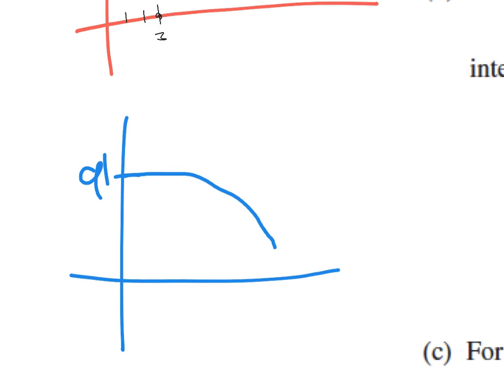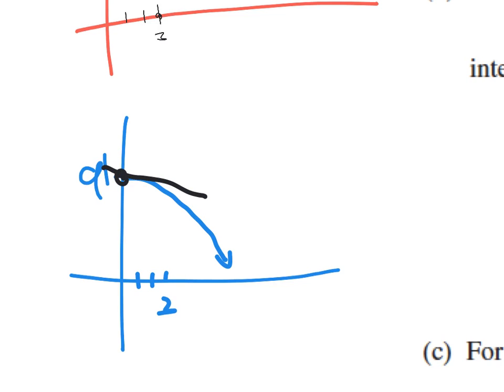But maybe our graph looks like this. Let me make that a little different shape, something like that. Okay, and so we have 3 somewhere over here. And we found this tangent line that was going like this. And we found our approximate here.